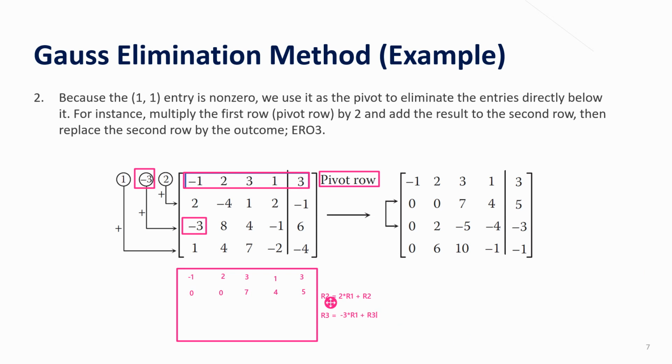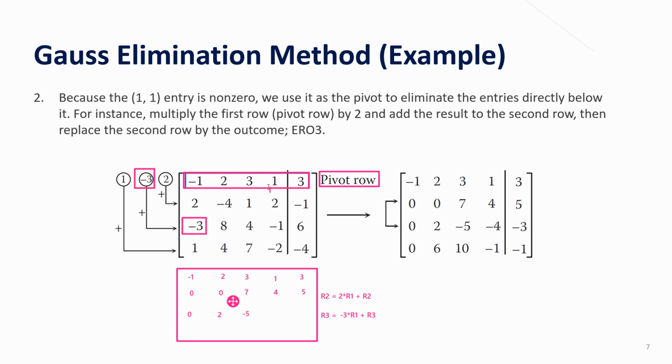So the values are: minus 1 multiplied by minus 3 is 3, plus minus 3 is equal to 0. Then 2 multiplied by minus 3 is minus 6 plus 8, which is 2. Then 3 multiplied by minus 3 plus 4 is minus 9 plus 4, which is minus 5.